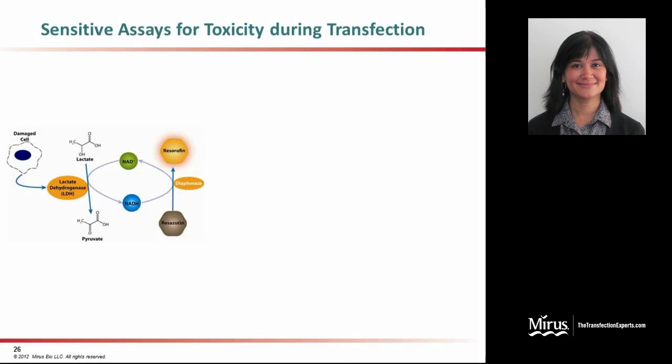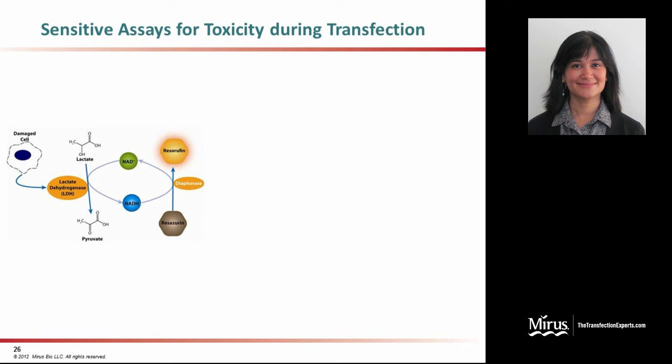Apart from just visually assessing cell health, there are a lot of very sensitive assays available to detect cellular toxicity. One that we regularly employ in our labs is the lactate dehydrogenase assay, or LDH assay. Lactate dehydrogenase is an enzyme that is expressed by all cell types.